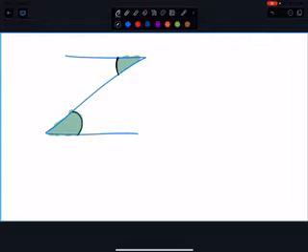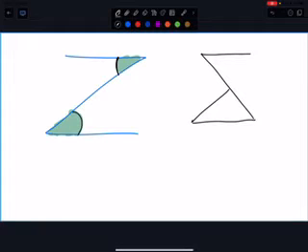The thing is, you need to be able to see it within a shape. So if I draw a Z, the Z doesn't necessarily always have to be the same. See what I did? And I told you this angle is 52 degrees.